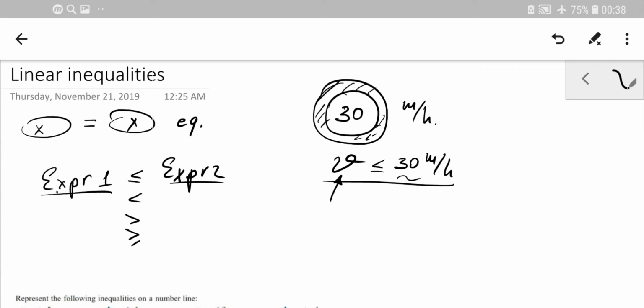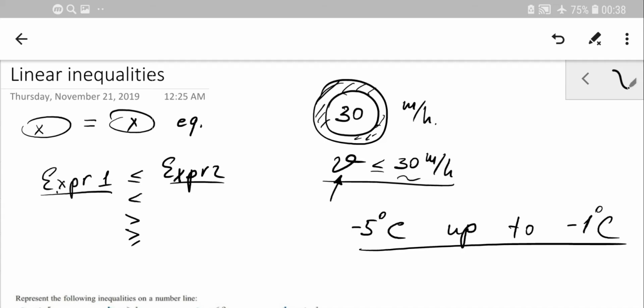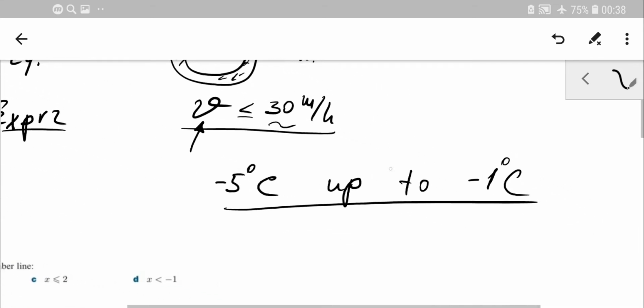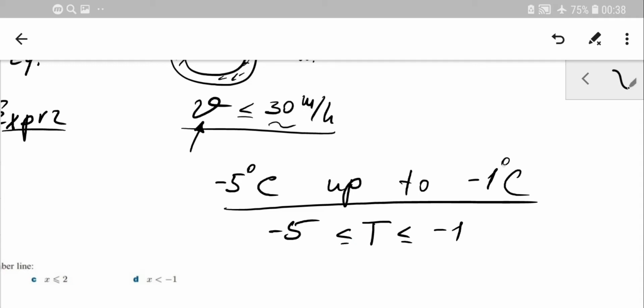For example, somewhere in the freezer, we agreed to have -5 Celsius and up to, let's say, -1 Celsius degrees. So we need to keep the temperature in between. It will be expressed through the inequality from -5 and up to -1, if we include those boundaries.